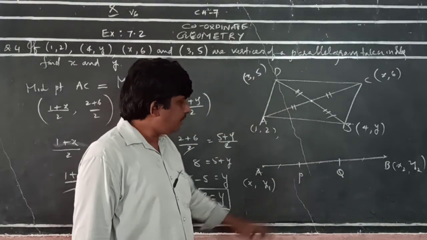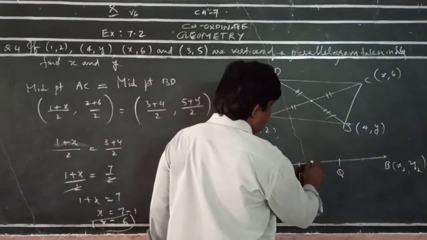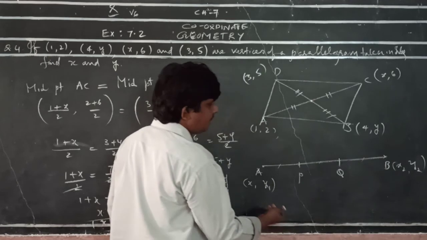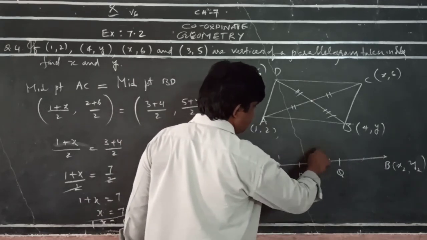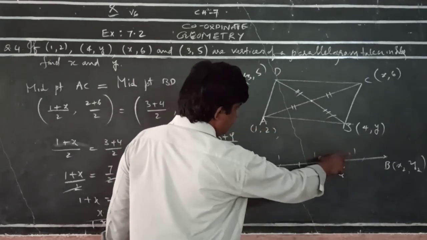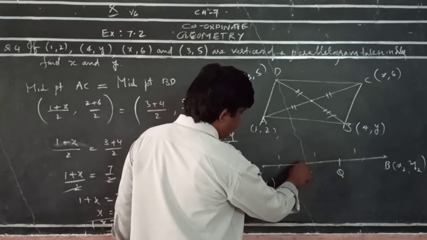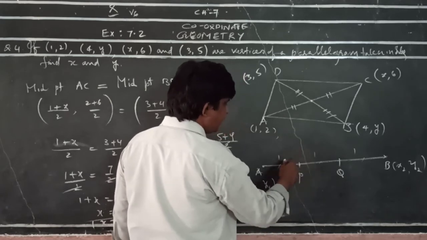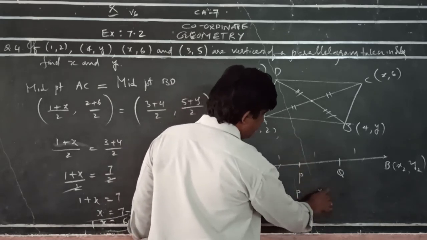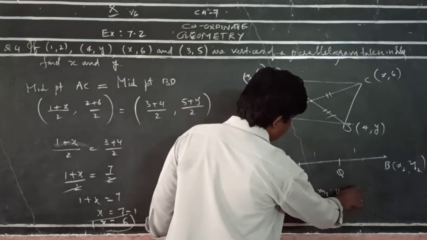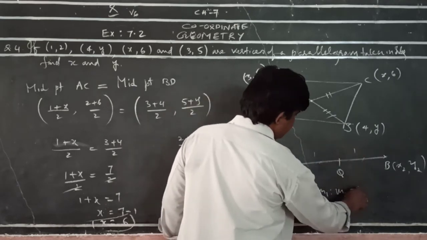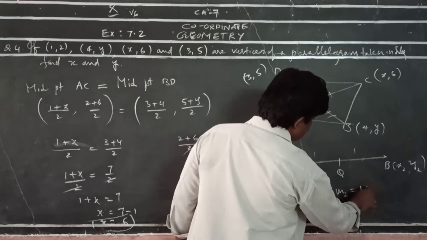So how do we find P? Already AP is equal to PQ is equal to QB, that condition we know. So there are 3 equal parts. To find P, what ratio can we take? m1 is to m2 can be taken as 1 is to the sum, that is 1 plus 2, that is 1 is to 2.